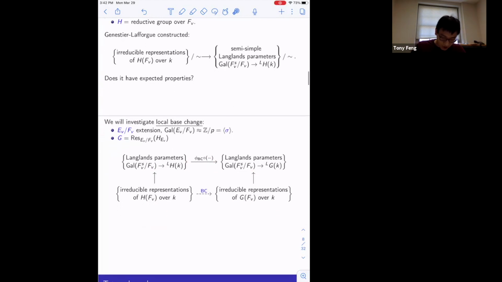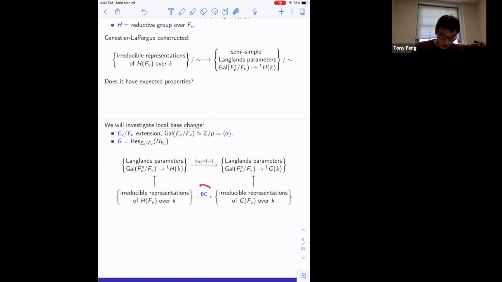Okay, so we will investigate what this base change functor looks like. And let me make some remarks here. Because G was restricted from this Galois extension, there's a natural way in which that Galois group acts on it as an algebraic group. And its fixed points are this group H. And so there's also a natural way in which this sigma, by which I mean the group generated by it, acts on isomorphism classes of irreducible representations of G. It takes them to their twist by sigma.